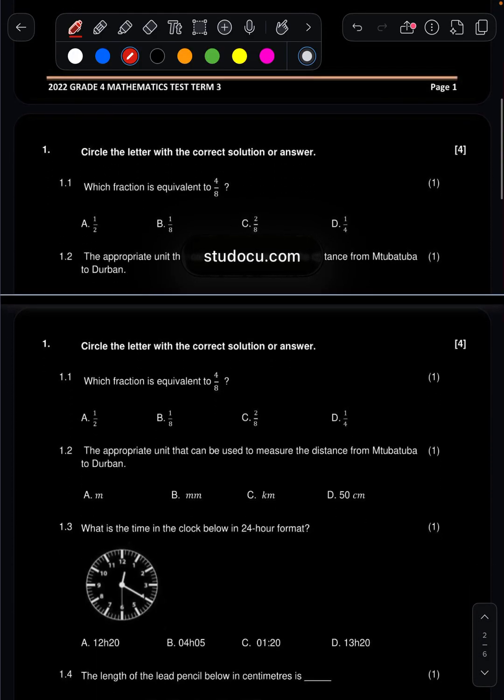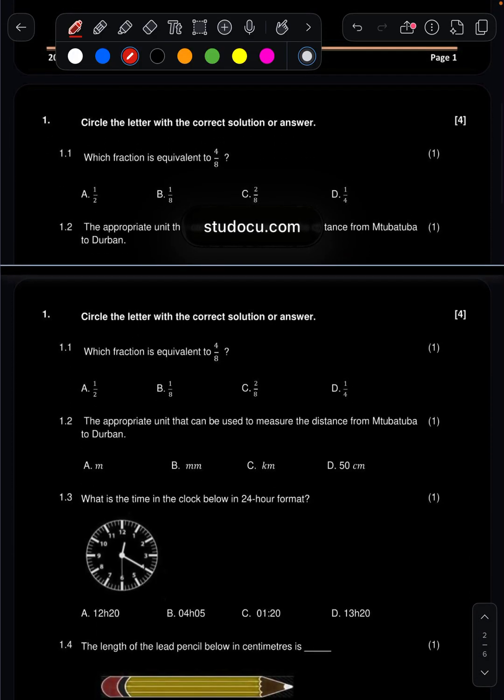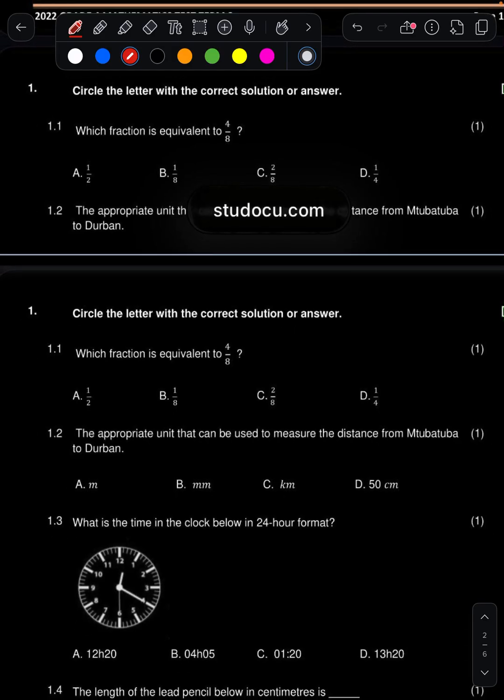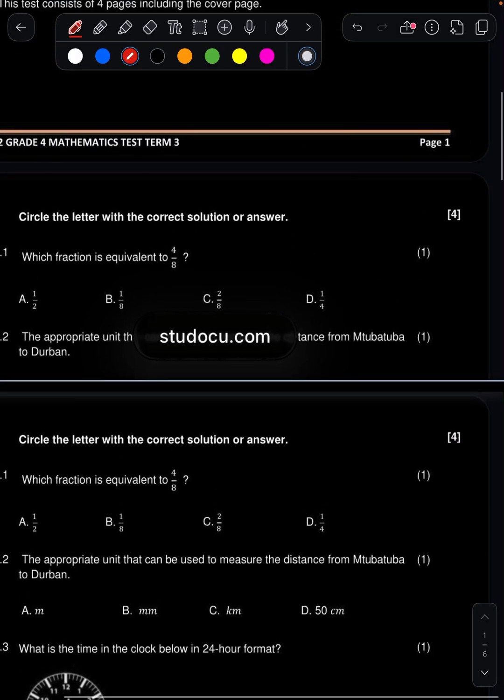Okay, so question 1. Circle the letter with the correct solution or answer. Which fraction is equivalent to 4 over 8? When we want an equivalent fraction, usually I'd try to see if I can divide top and bottom by 2.